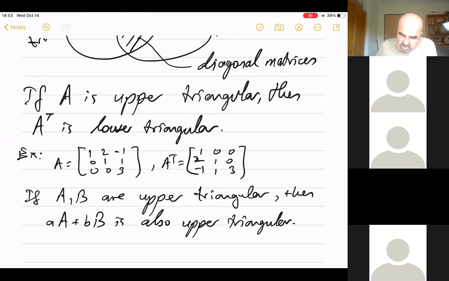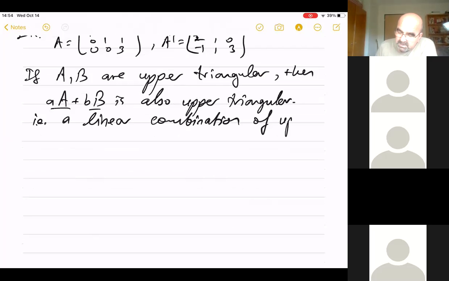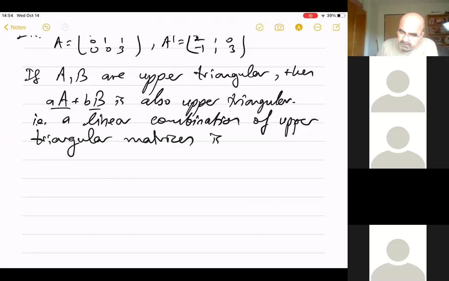That is, a linear combination of upper triangular matrices is upper triangular.